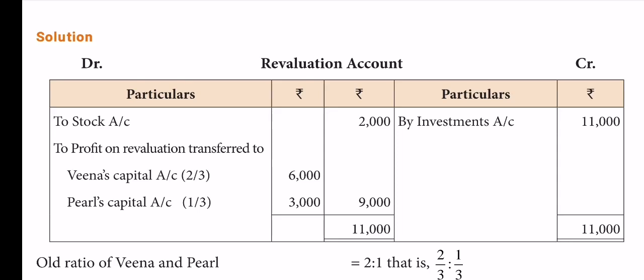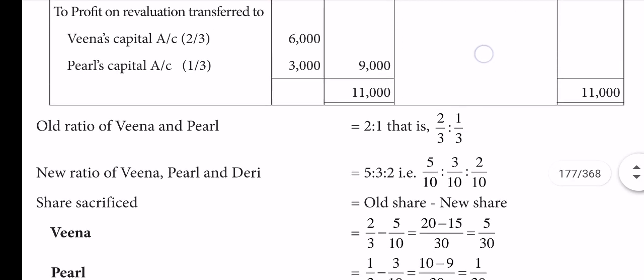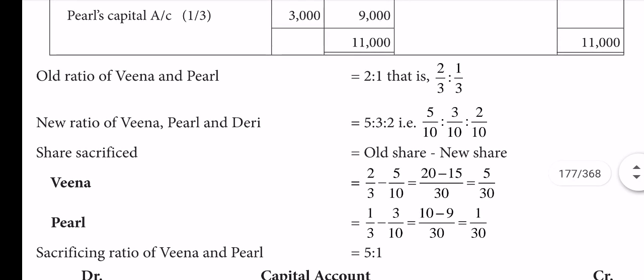Then next, before opening the capital account, we need to find out the sacrificing ratio, because we have brought in goodwill, they share that goodwill, and they also withdraw it. So we need to find out the sacrificing ratio.